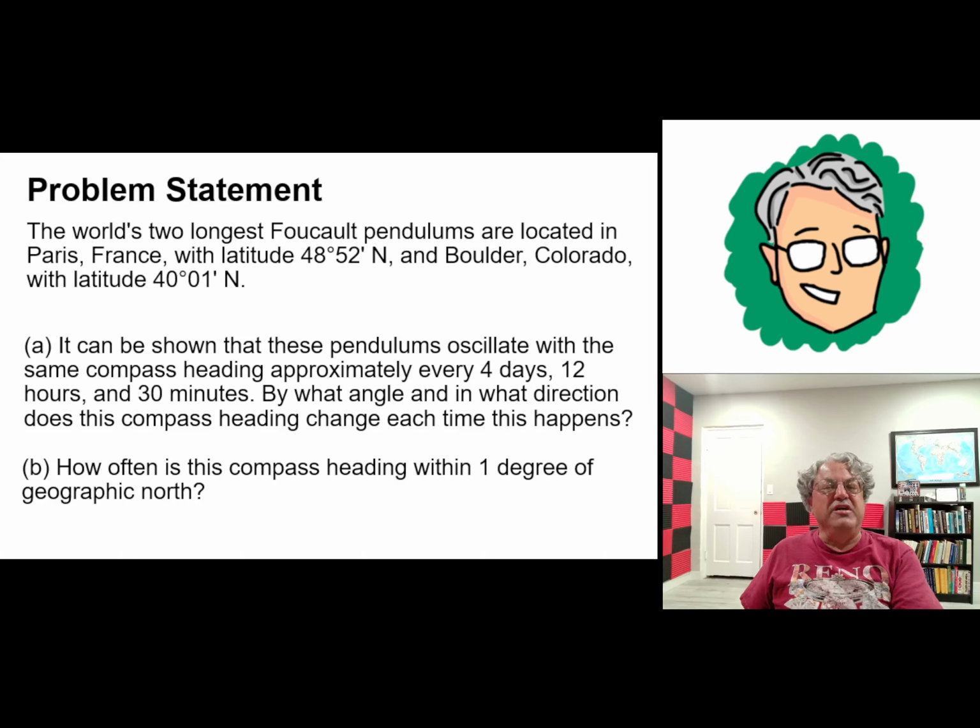But for part B, I'm asking how often does it happen that they both are within 1 degree of geographic north, and their headings agree.